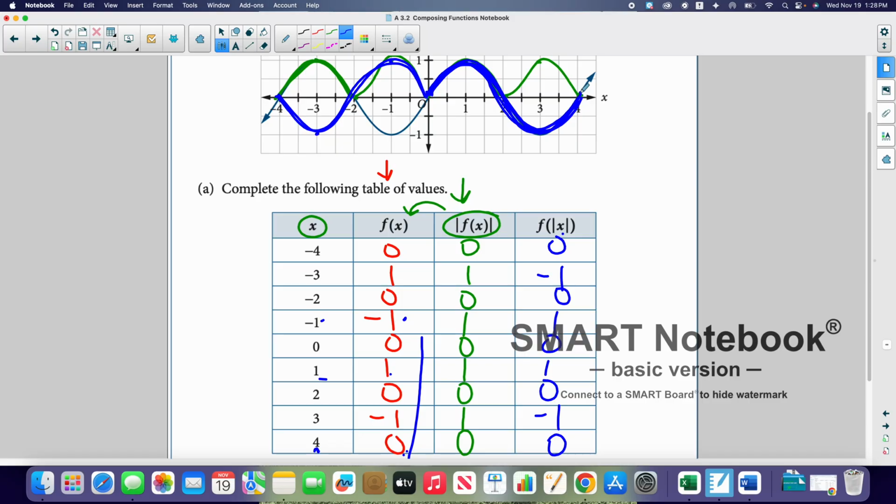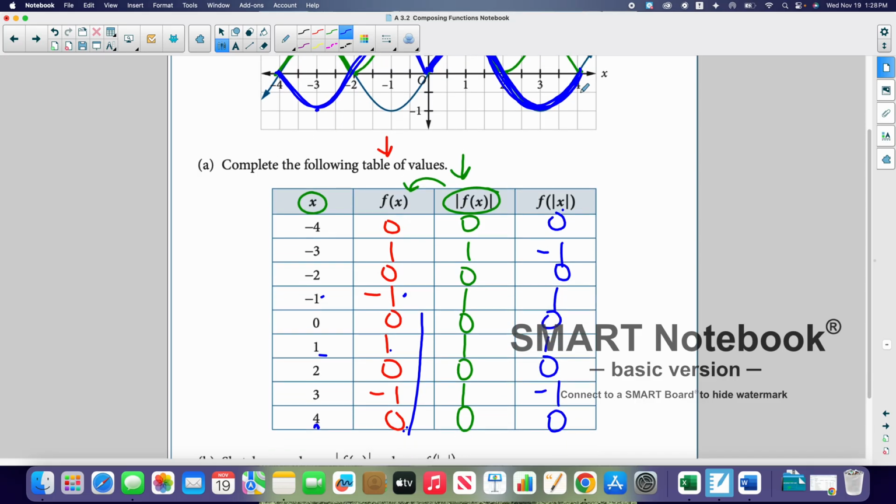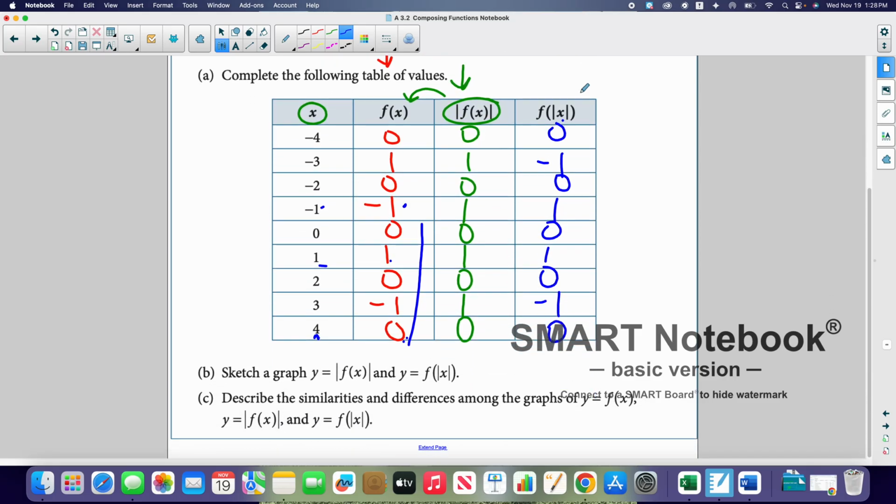Okay? So what I'd like for you to do at the bottom of the page, we talked a little bit about it last Friday. We talked a little bit on Monday. But I want you to describe the similarities and the differences between those two graphs that we just did. So give me about a 2-sentence statement at the bottom of the page.